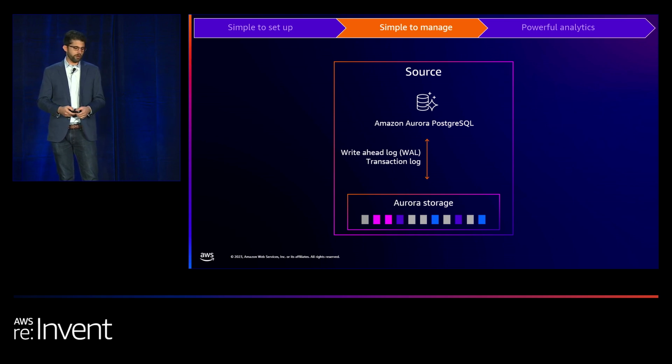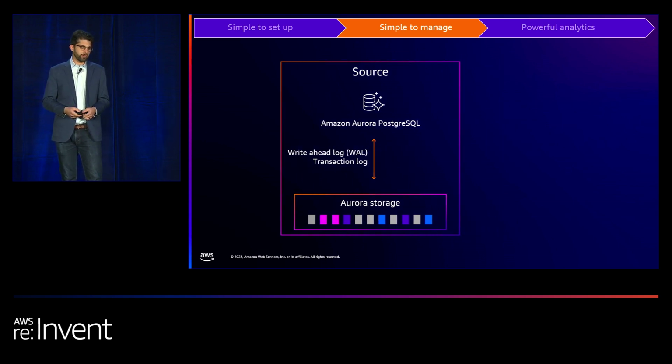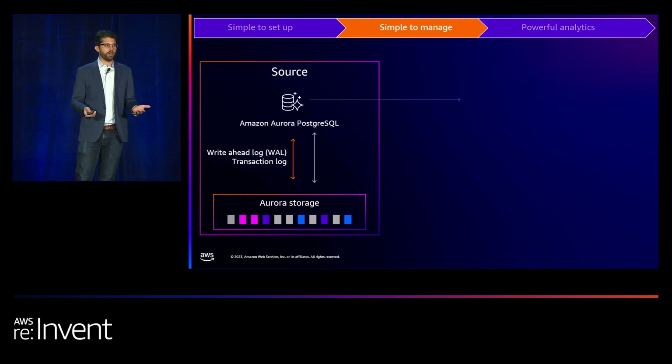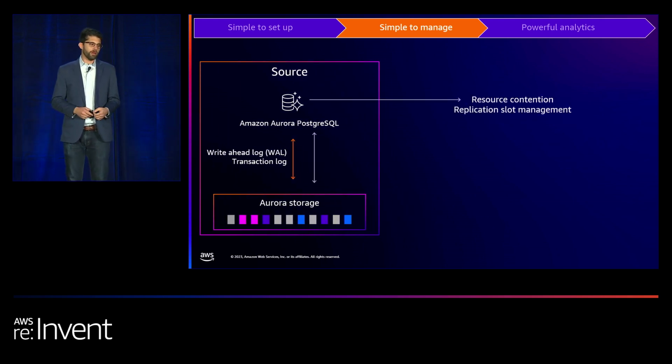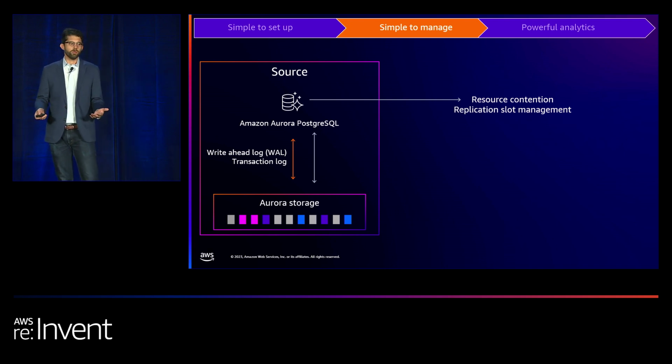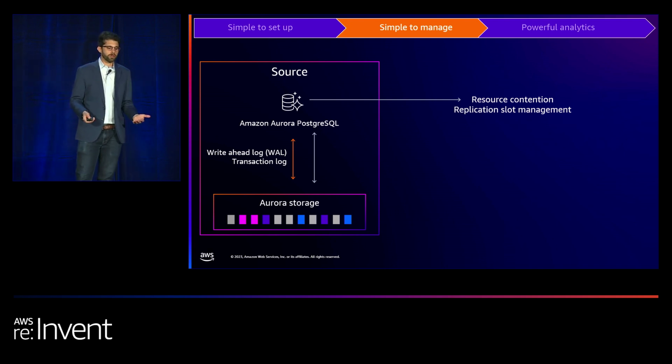So you've got your transaction log going down to Aurora storage, and then you go and you enable logical replication. Logical replication in Postgres, there's replication slots to manage, depending on what's going on. There's resource contention.